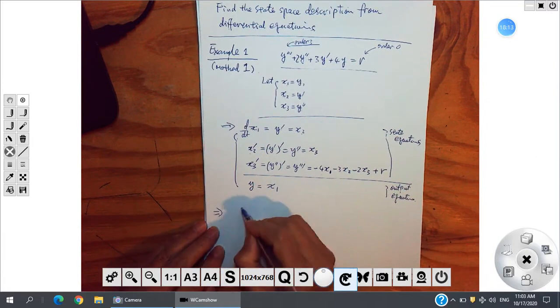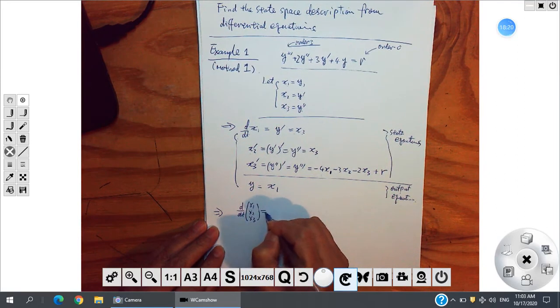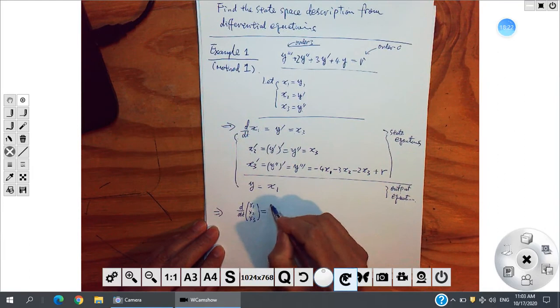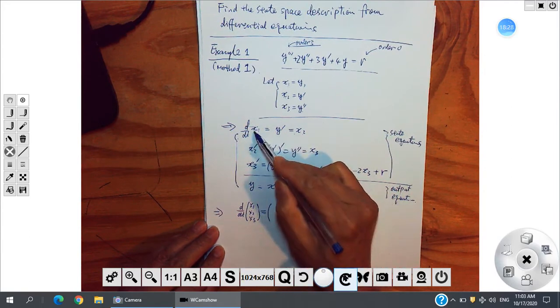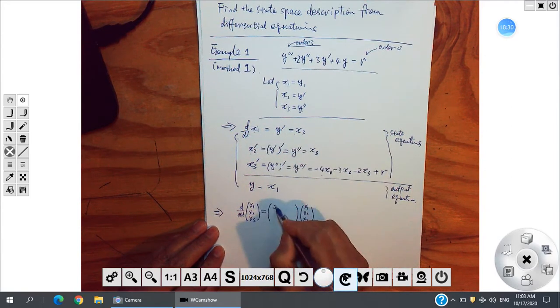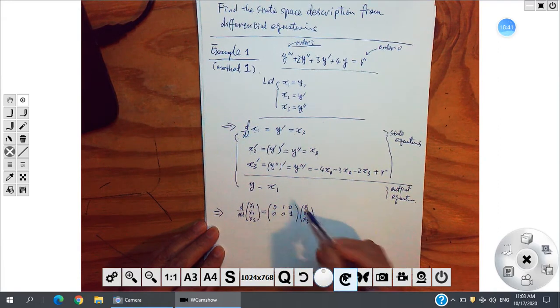We have the derivative of x1, x2, x3 equal to a coefficient matrix times x1, x2, x3. And x1 derivative here is just x2, so this is 0, 1, 0. And x2 derivative is x3, so we have 0, 0, 1. And then the x3 derivative is this one.